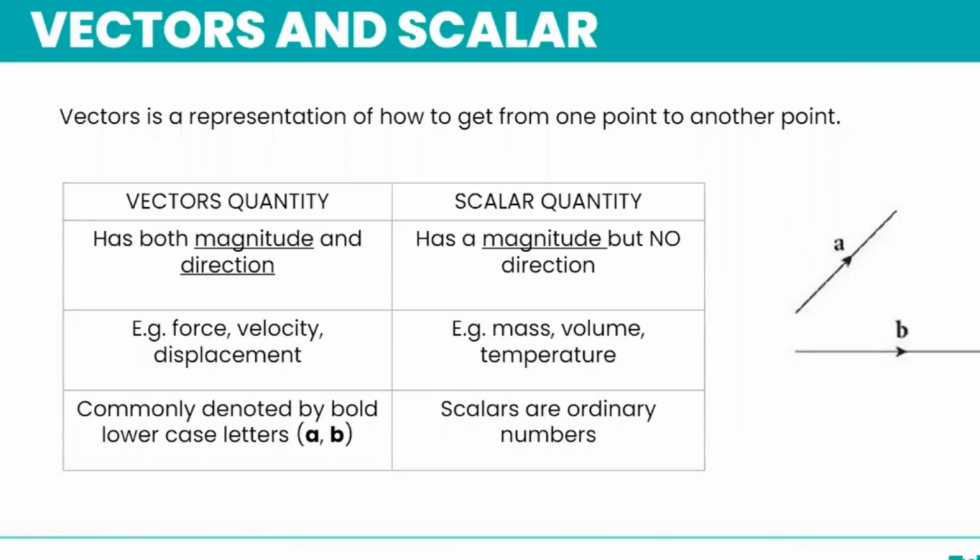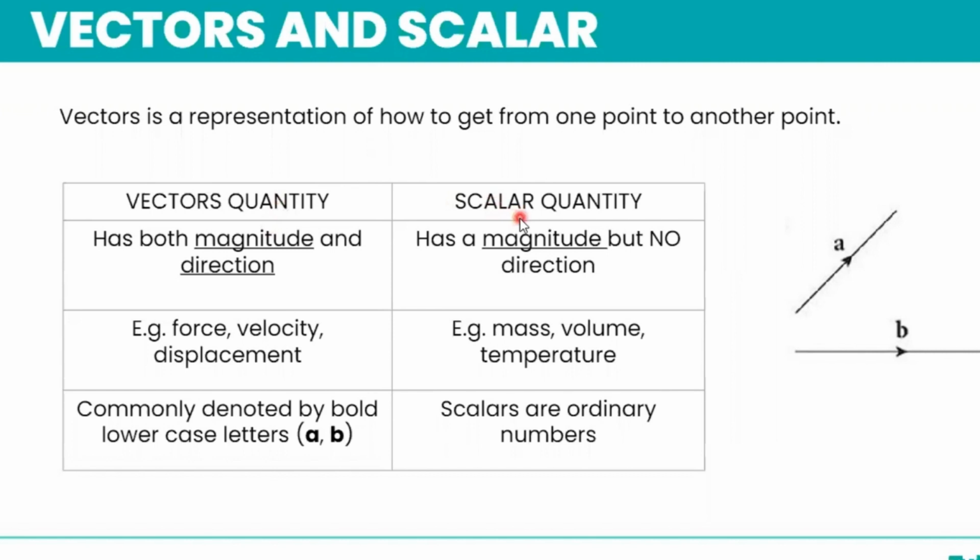So let's go ahead and look at vector and scalar quantities. Vectors are a representation of how we can get from one point to another point. When we describe quantities, we can classify them as either vector quantities or scalar quantities.